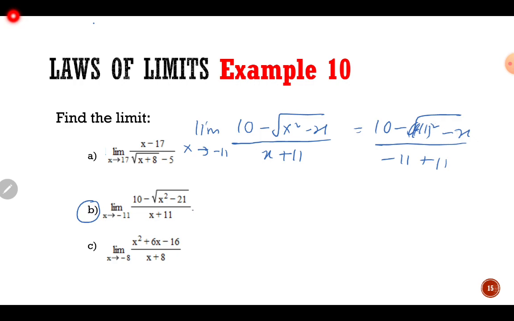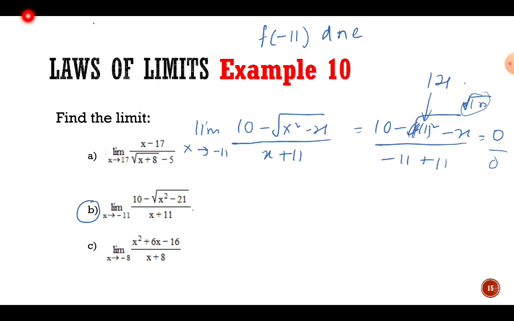So, negatif 11 square ni 121 tolak 21 jadi square root 100. Square root 100 ni adalah 10. So 10 tolak 10 dapat kosong. Negatif 11 tambah 11 pun kosong. So again we get 0 over 0. So which give us sebenarnya f negatif 11 does not exist. So kalau you direct substitute limit pun dia akan jadi tak dapat apa-apa lah.